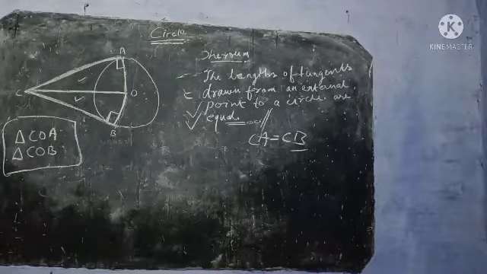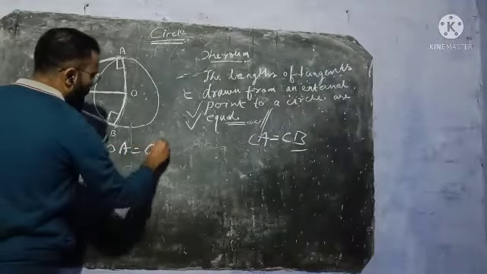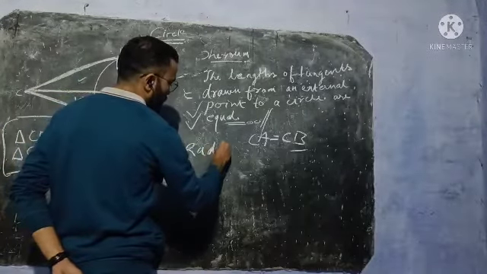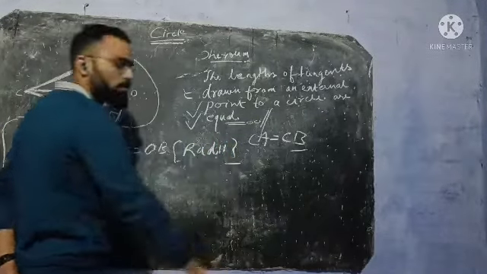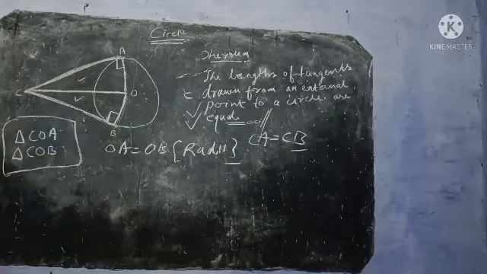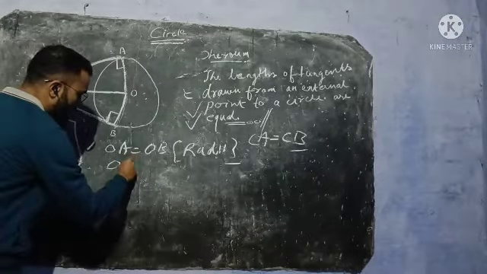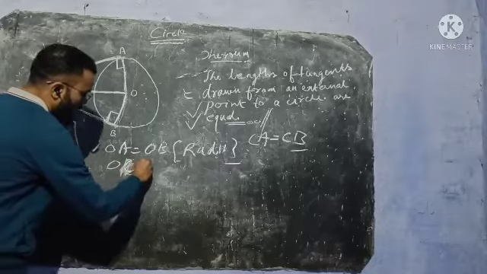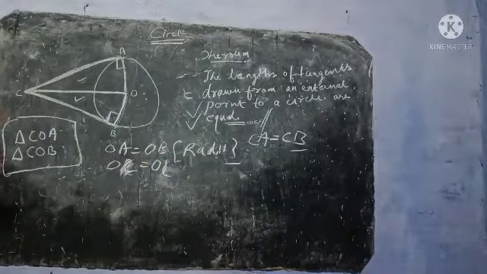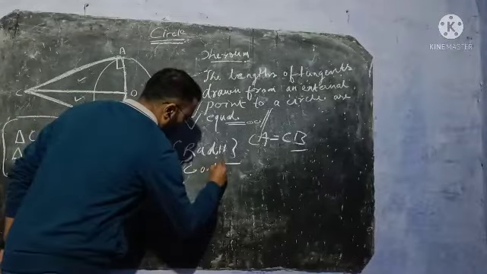Now, OA is equal to OB for the obvious reason that they are radii of the same circle. The other thing in these two triangles is OC. Since OC is contributing in both the triangles, it is a side of both the triangles, so they are common, so I can say that they are equal to each other.